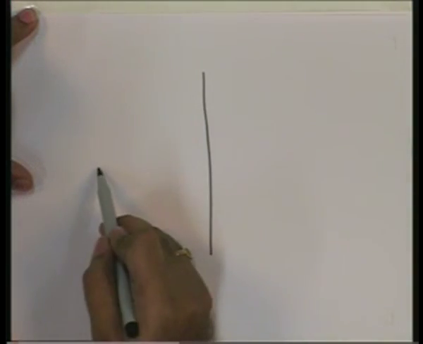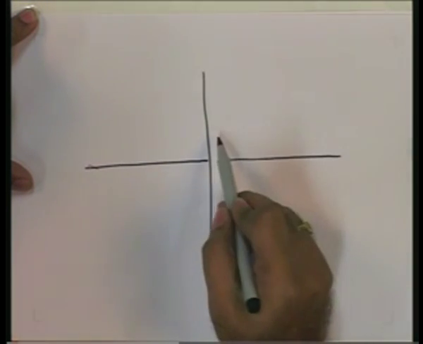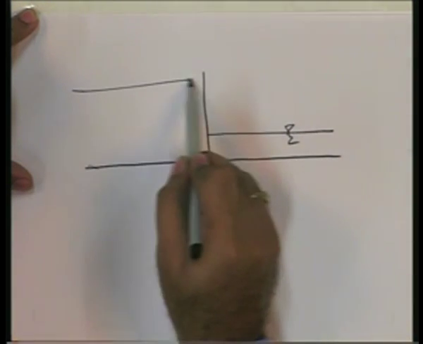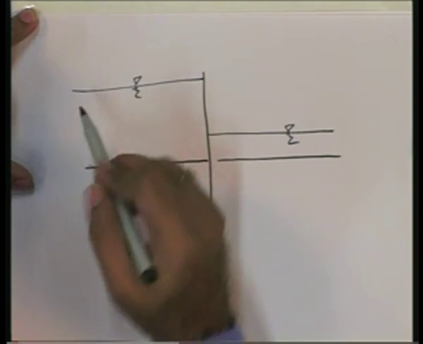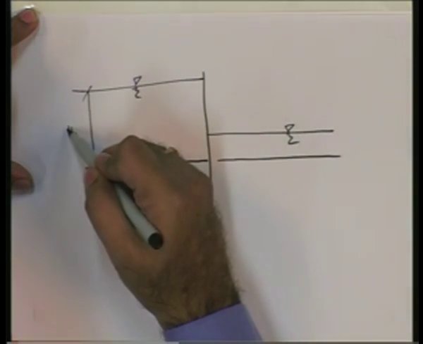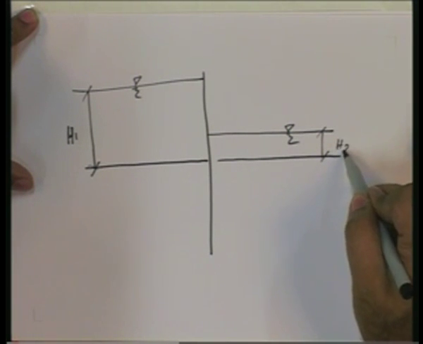So let us consider a cross section of a sheet pile wall, which is, let us assume that this is H1, H2.